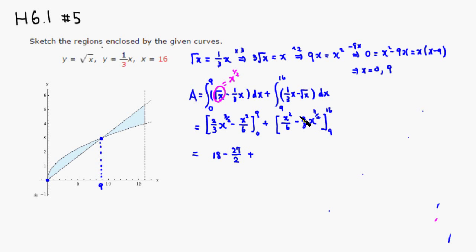And here, if you plug in 16, you have 16 squared over 6. 16 squared is 256, so 256 over 6, minus 2/3 times the square root of 16, which is 4, and 4 cubed is 64. Minus, plug in 9: 27 over 2, and minus, plug in 9, so it's 27 and 9, so 18.